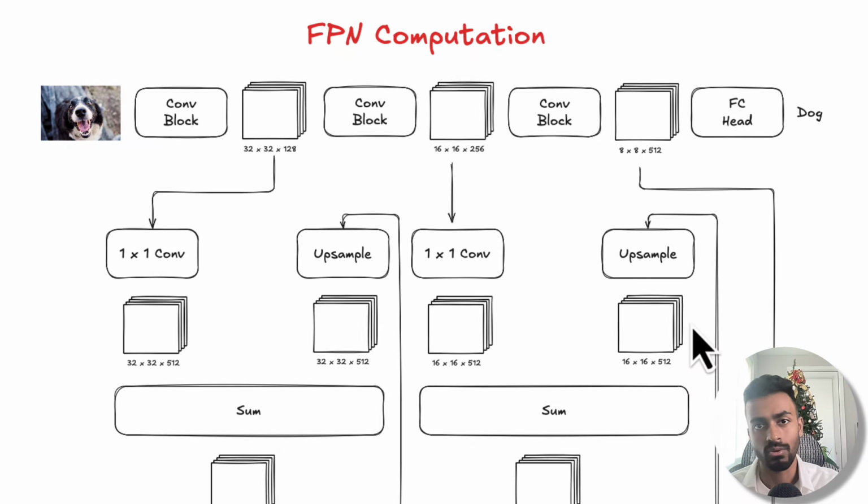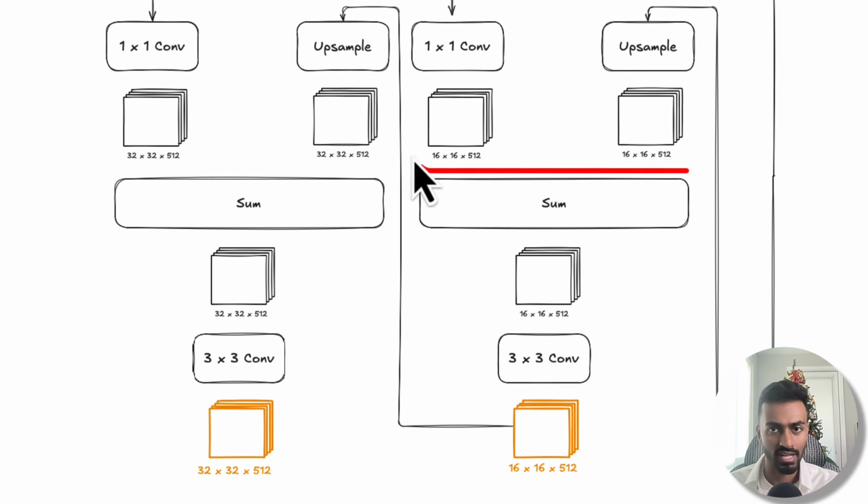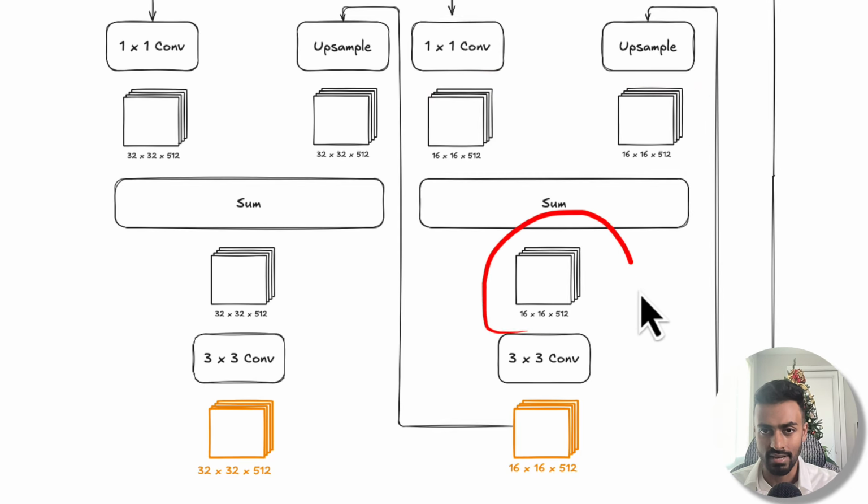Now what we want to do is add this information to the information that exists here in this 16 cross 16 cross 256 tensor. And to add them, we need to make sure that the channel sizes match. This is why we perform a pointwise convolution to adjust the depth over here, so we get 512 channels. Tensors of the same shape can be added, and so we add them to get this tensor here.